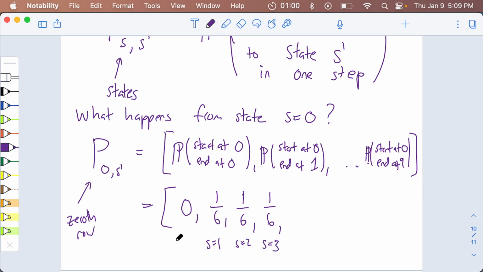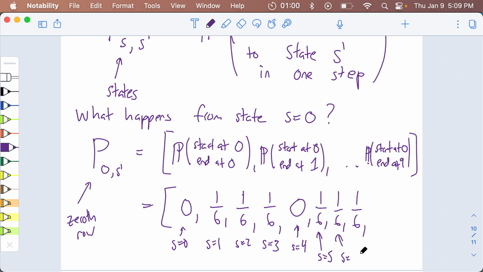There is no way to be at square 0. And there's also no way to be at square 4 because the ladder would have taken you up to square 7. So this is 1/6, 1/6, 1/6, and then 5, 6, 7. The rest are all 0, 0, 0, 8, 9. Great. So this is the top row of the matrix.